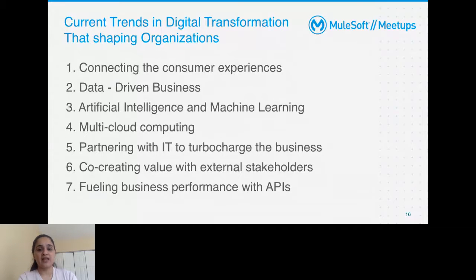Business performance is also fueled by the use of APIs, as we saw in the last slide: 48% of IT delivery managers say that 25% of organization revenue grows through the use of APIs.